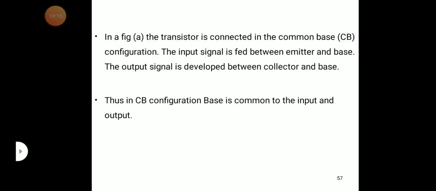In the figure, the transistor is connected in the common base configuration. The input signal is fed between emitter and base. The output signal is developed between collector and base. Thus, in common base configuration, the base is common to the input and output.